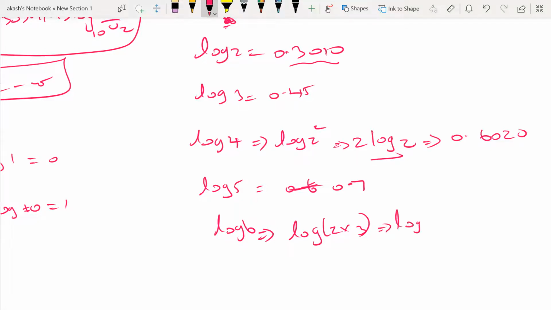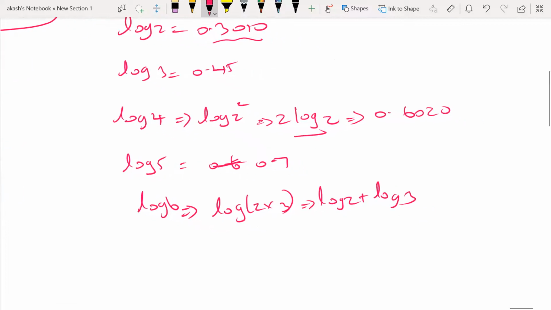So I'll write it as log 2 plus log 3, that is 0.3010 plus 0.45. So approximately log 6 value is 0.75.